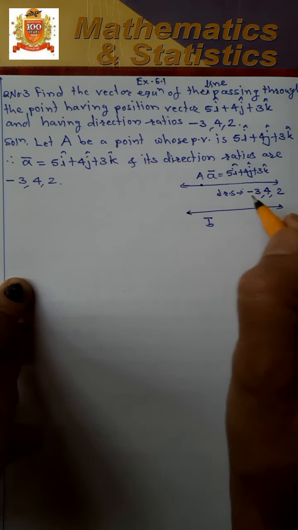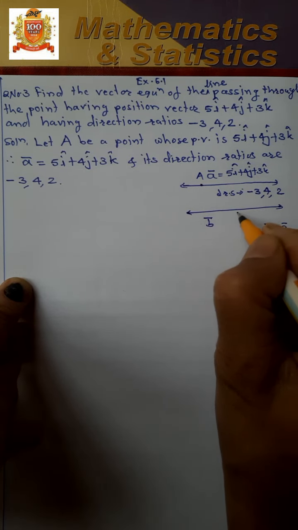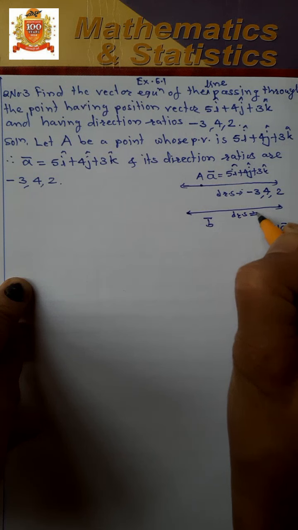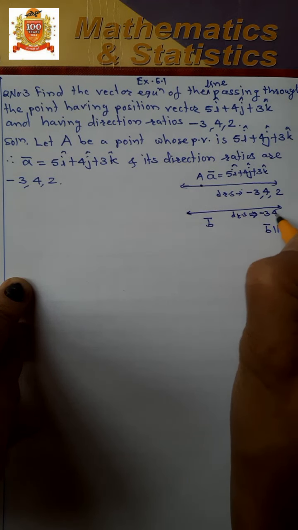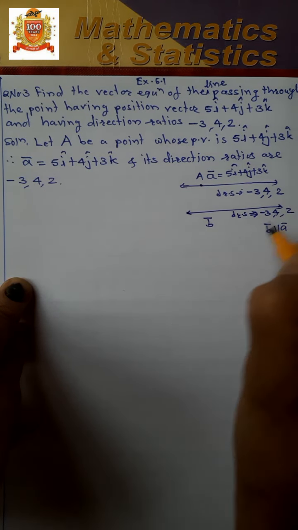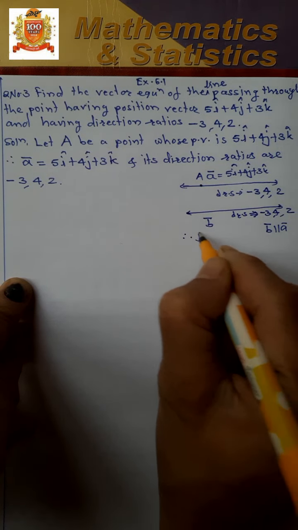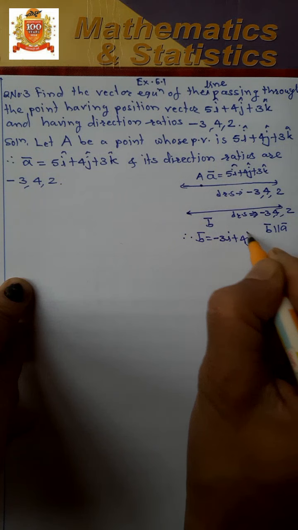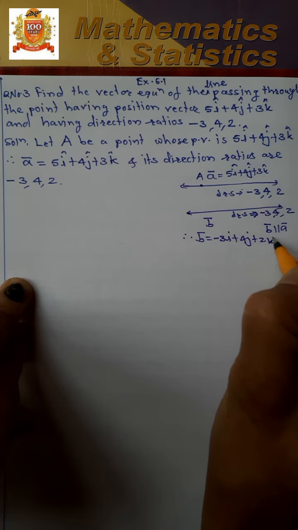Therefore, the direction ratios of B bar are also minus 3, 4, 2. Therefore, B bar is equal to minus 3i plus 4j plus 2k.